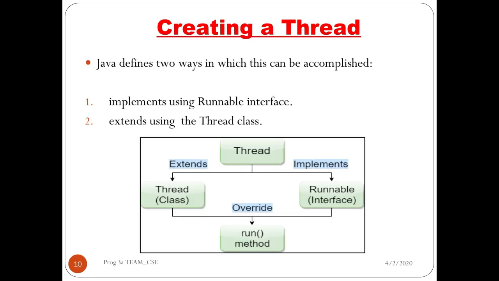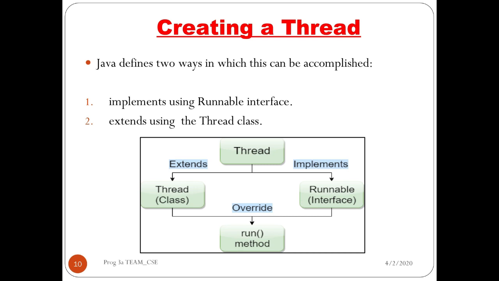Next slide, please. Creating a thread. Java defines 2 methods by which you can create a thread. The first one is by implementing the Runnable interface. The second one is by extending the existing class with the Thread class.